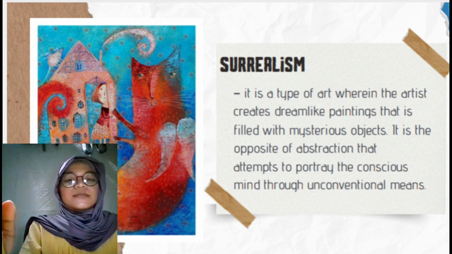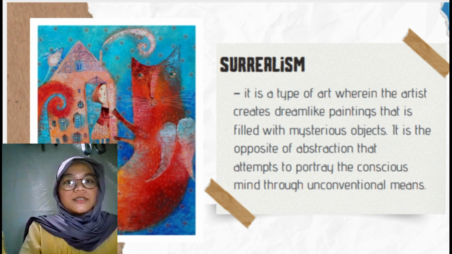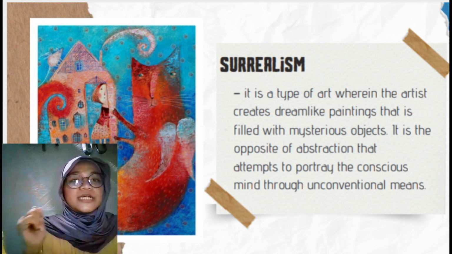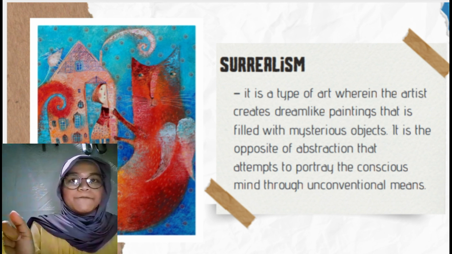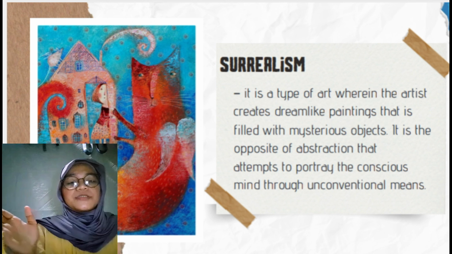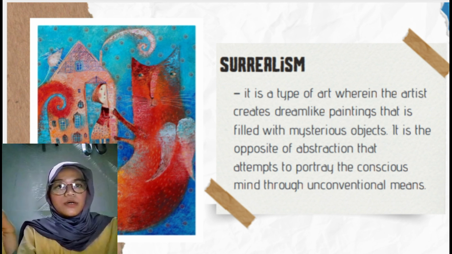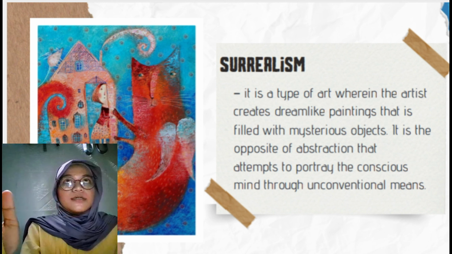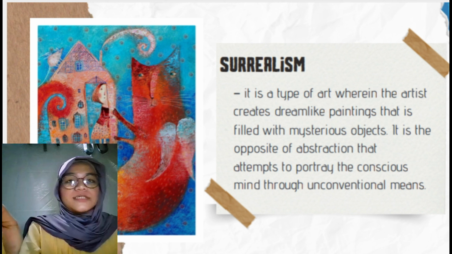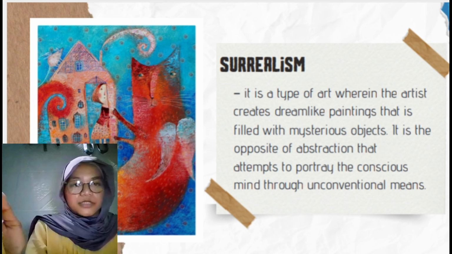In terms of reality, Cubism is reconstructed, but Surrealism is often unreal or fantastical. And in terms of the artists, the famous artists in Cubism are Picasso and Braque, and in Surrealism, they are Dali and Magritte.